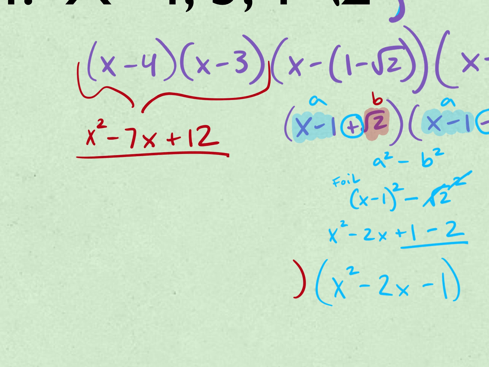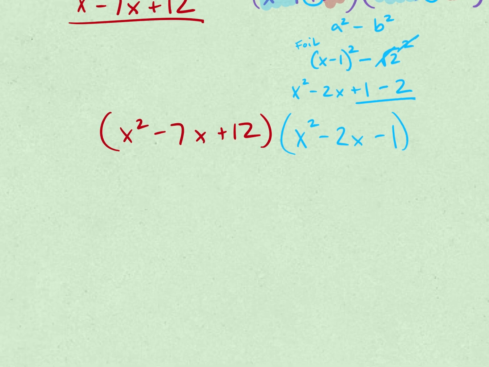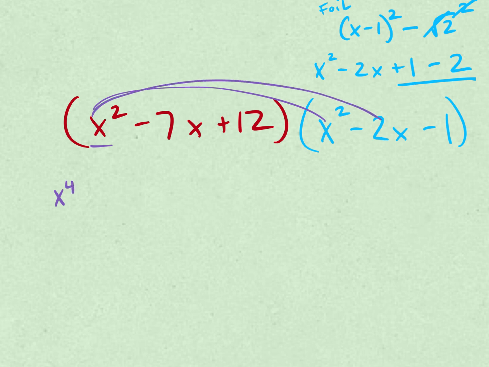So now this answer has to get multiplied by the other answer that we just found. So now we're going to multiply these two together. So this is a little bit more work than just FOILing. Just make sure everything in your first set of parentheses gets multiplied to everything in the second. So starting with x squared times x squared would be x to the 4th power minus 2x cubed minus x squared.